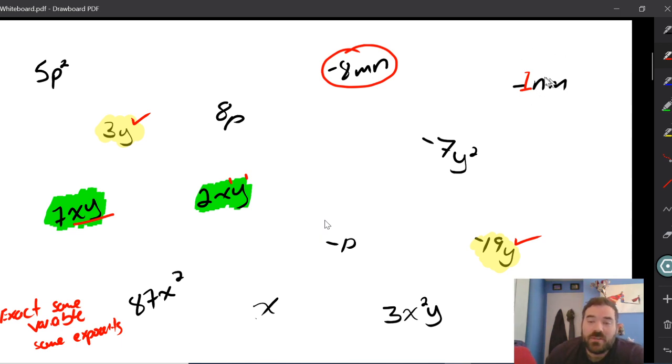And when we write out a term like this, the operation between the n and the m is really just multiplication. And because we can multiply in any order, m times n is the same as n times m. These two are actually like terms. They both have an n to the power of 1, they both have an m to the power of 1. It doesn't matter what order they're in, it still counts.